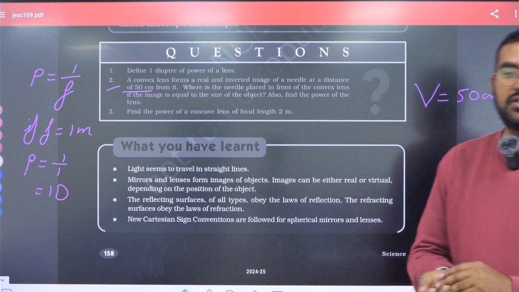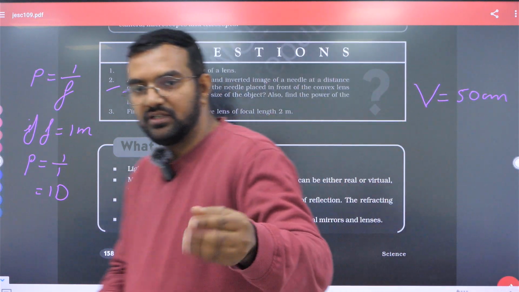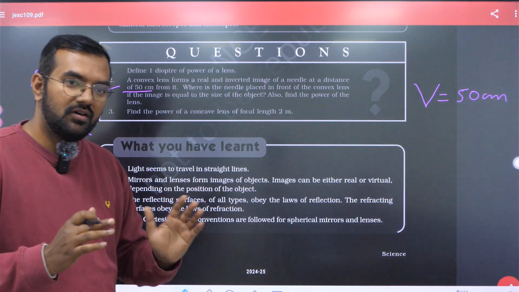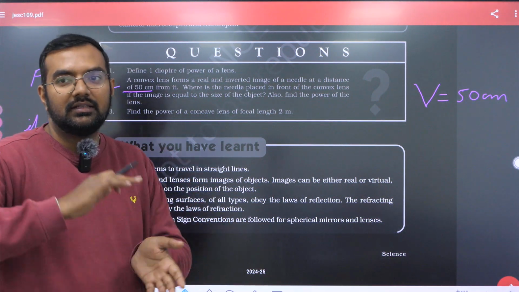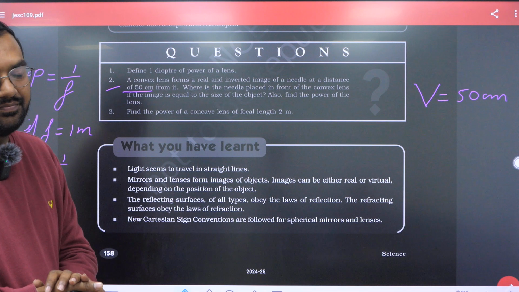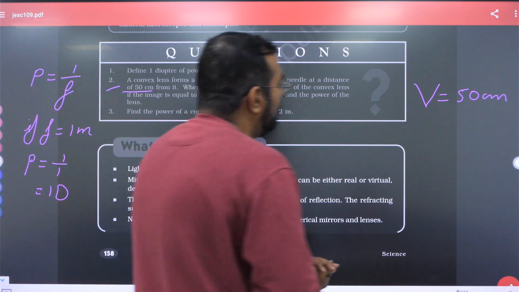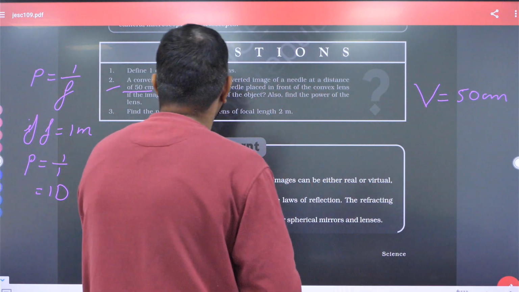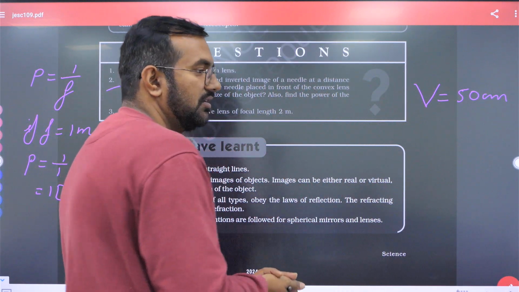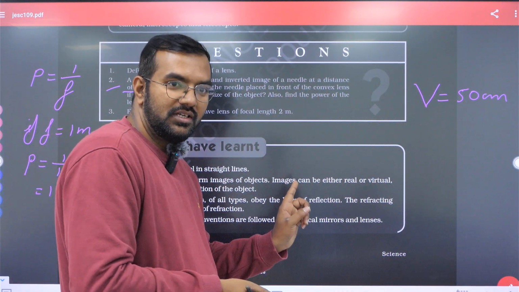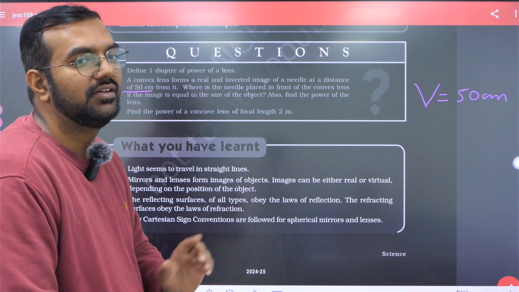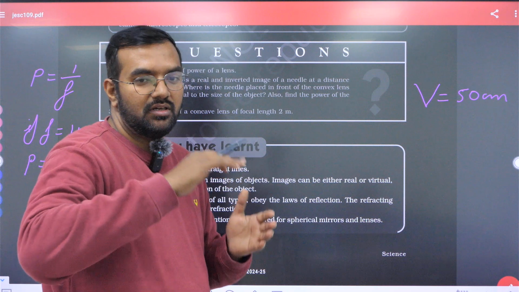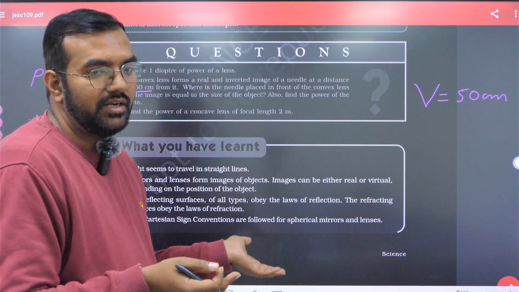If the object is at the center of curvature, then the image is also formed at the center of curvature and the size is the same. So V is 50 centimeter, or you can say the radius of curvature is 50 centimeter, because the height of the object is equal to the height of the image.